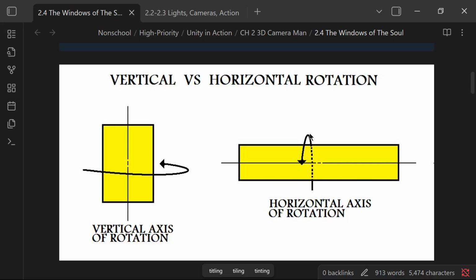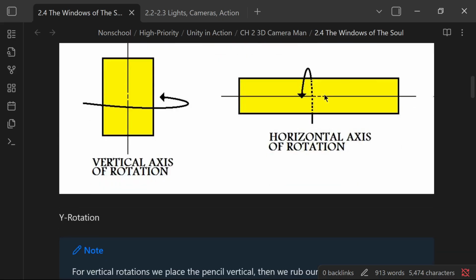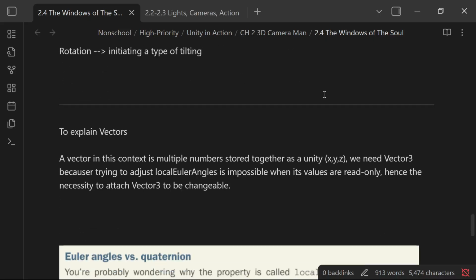We're going up, then we're going down, then we're going back up. And when we're doing a Y rotation, we're going this way. We're first going to the right, then to the left, then back to the right. So this is a vertical rod, and this is a horizontal rod. You could just think of these as the pencils and the way they're placed.